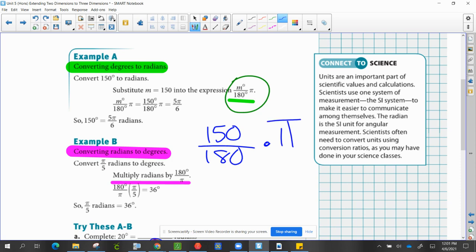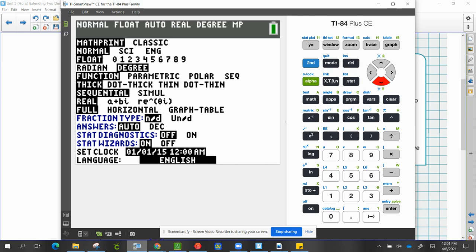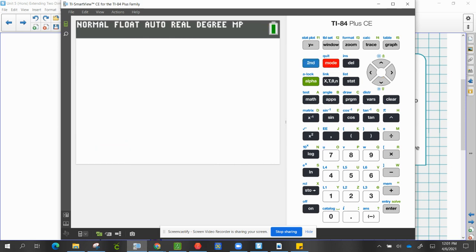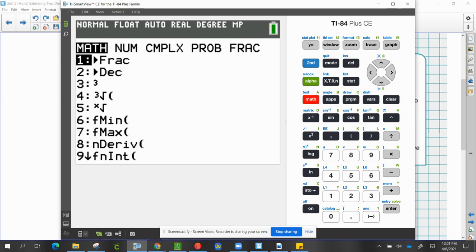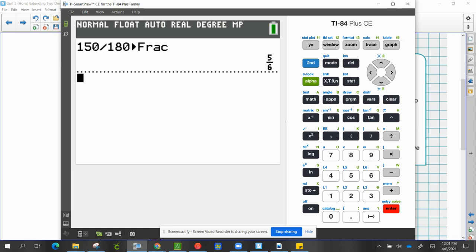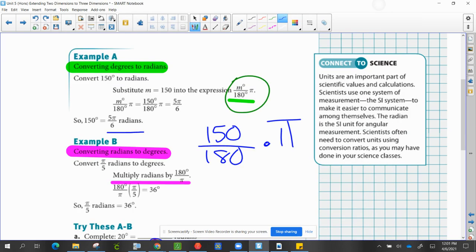We're not going to have decimals for this. That's the whole reason for radians, to get an exact answer. So all you have to do is simplify that fraction, in your head or in your calculator. If you hit math, see where it says frac? If you hit math, enter, enter, it'll reduce that fraction for you. So 150 over 180 reduces to 5/6, and that's why our answer here is 5 pi over 6.